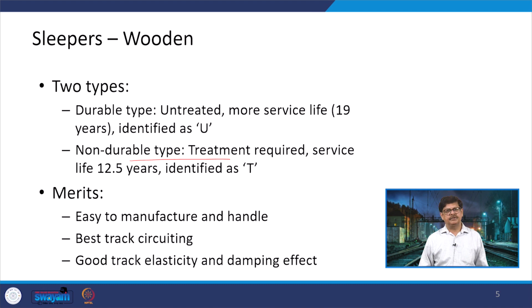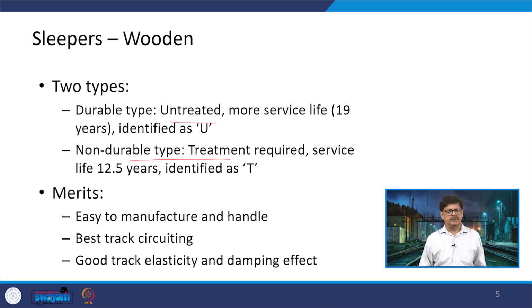But if it is the durable type, there is no requirement of any treatment. The difference comes in terms of the service life. The durable sleepers have a higher service life of around 19 years, whereas the non-durable type has a lesser service life, around 12 years, and they are marked as U and T respectively.